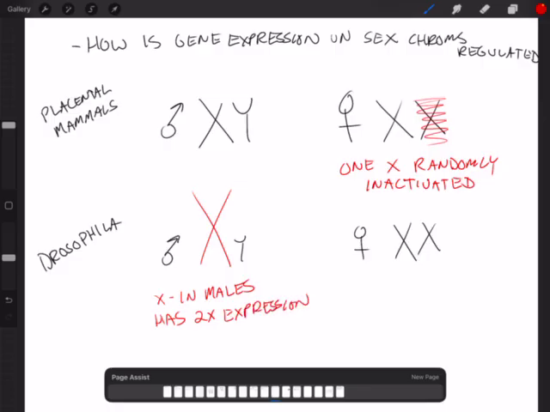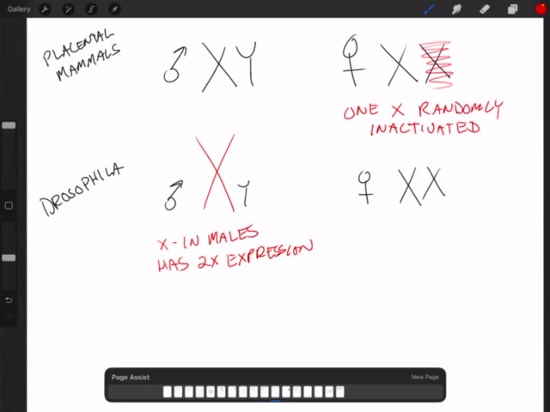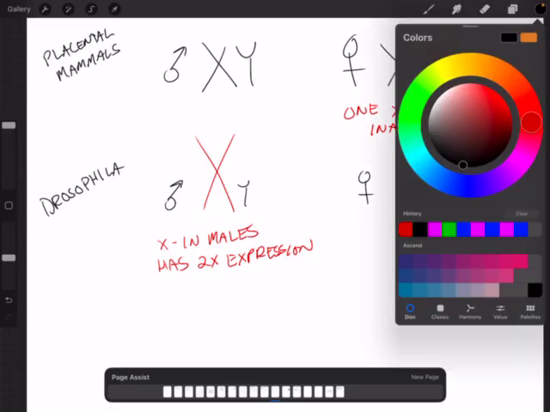So females have two copies of the gene, each making a certain amount of protein. The male is just making twice as much of the protein on the single copy of the gene that they do have, right? So as is common in evolution, there are multiple solutions to this problem of balancing the amount of protein product being made depending on how many copies of a gene that you have.